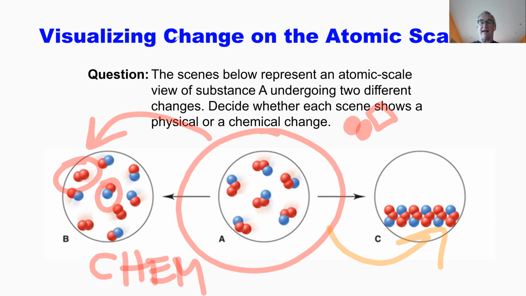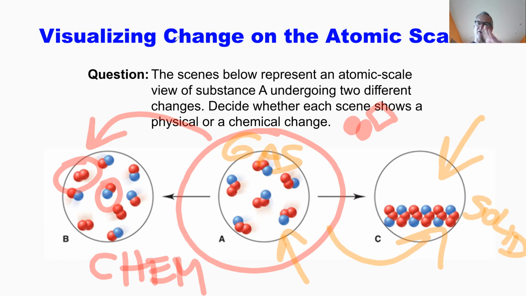So what we would say here is that A, most likely we would categorize that as a gas. It's probably a gas because those molecules are far away from each other and they're not interacting with each other. Now, here with C, they're exactly the same molecules. They're just closer together. And so that is, yes, most likely a solid.